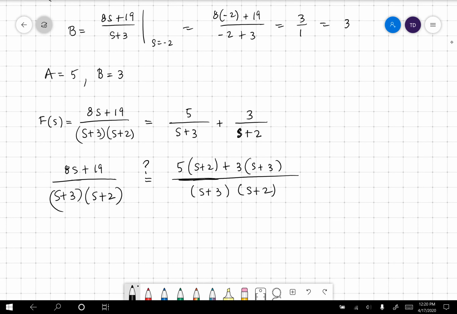So in this example, let F(s) be equal to (10s squared minus 3) divided by (s plus 1)(s plus 2)(s plus 3). Well, we are definitely in case 1. I have simple roots, and they are real in the denominator.